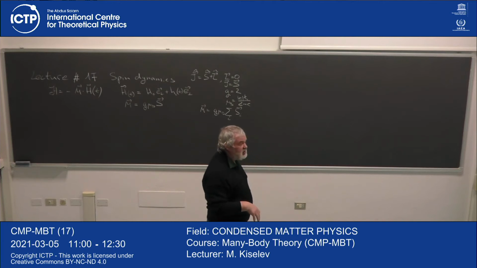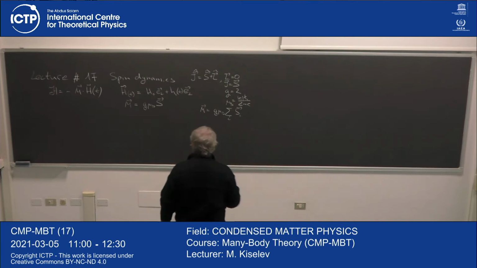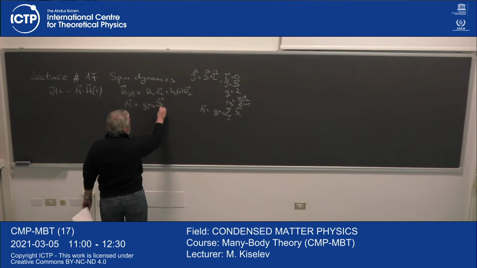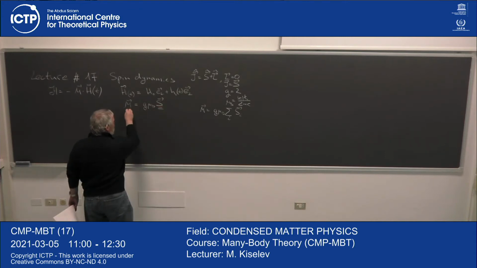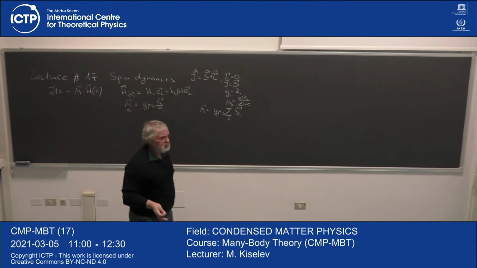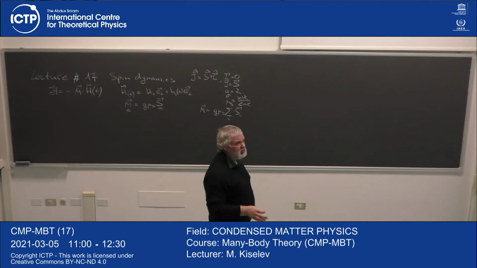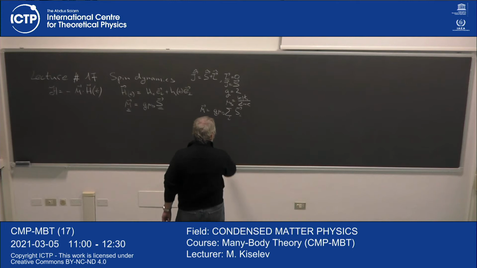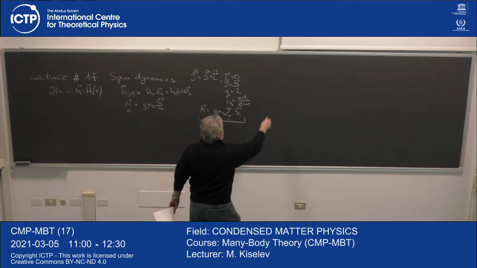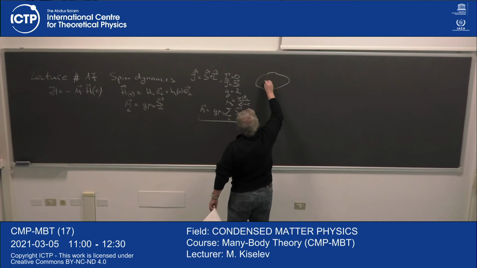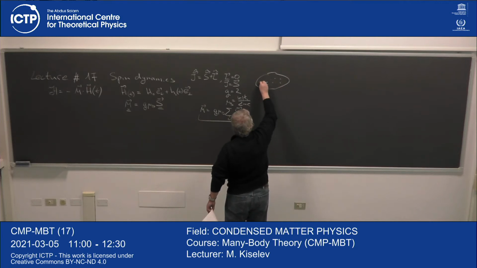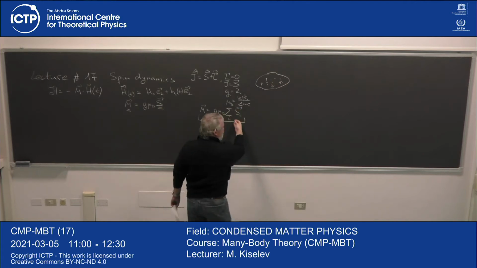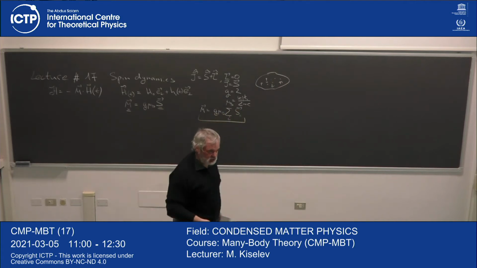But again, for the sake of the derivation, it's sufficient for me to say that I have a connection between magnetization and spin, so I will need an index of summation. As an exercise, you can repeat everything I'm saying here, assuming that you have in mind some piece of magnet, there are some sites, there are some spins sitting here and there, and you take a summation over all positions of spins.